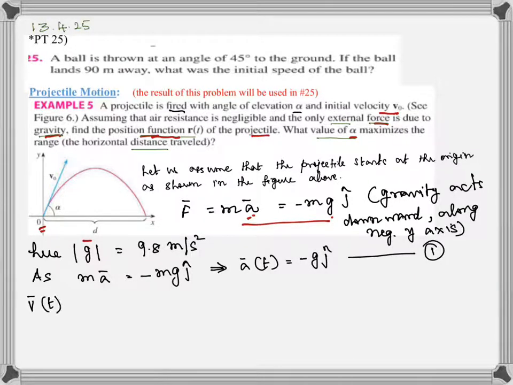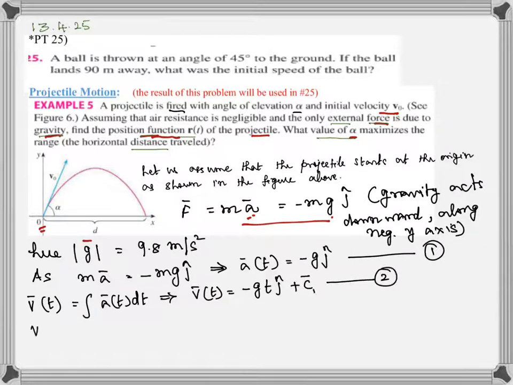So v of t is the integral of a of t dt, which is the integral of negative gj, which will be negative gtj plus c1, a constant of integration that is also a vector, because v of t is a vector. So by integrating g, which is a constant, we get g of t.